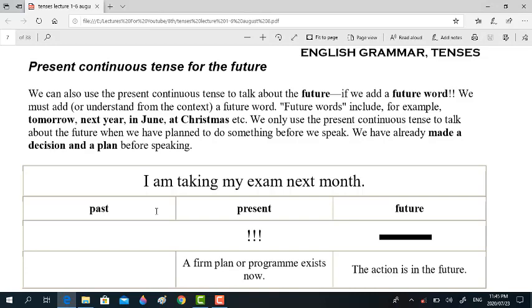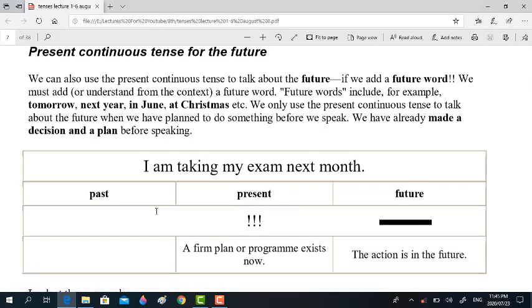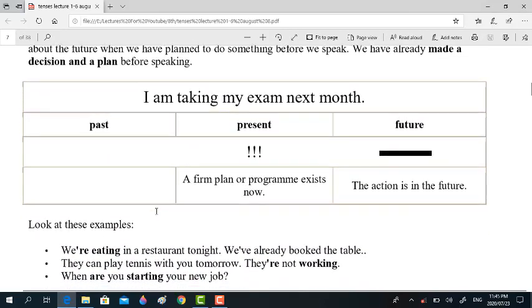We have already made a decision and a plan before speaking. I'm taking my exam next month. He is going to take his exams next month. A form, plan or program exists now, right? The action is in the future, but the plan seems in present, right?